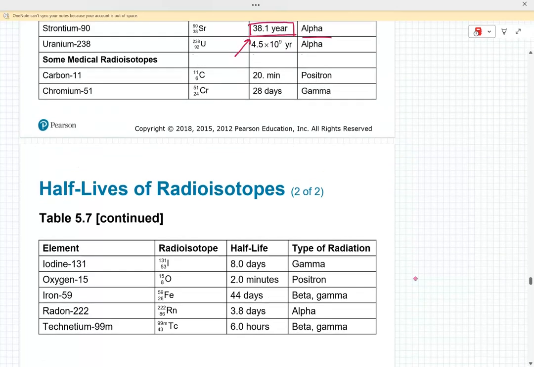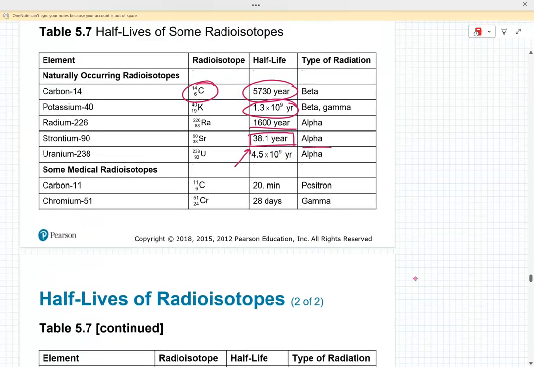I'm going to highlight some of those. So, uranium-238. If you look at uranium, which is number 92, very bottom row, fourth from the left, uranium-238 is the most stable isotope, but it still has some decay.